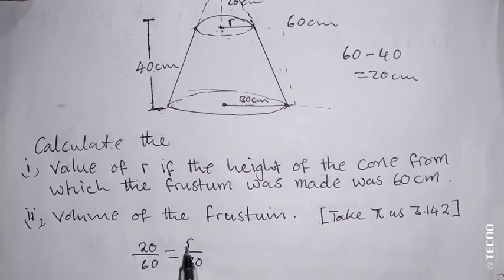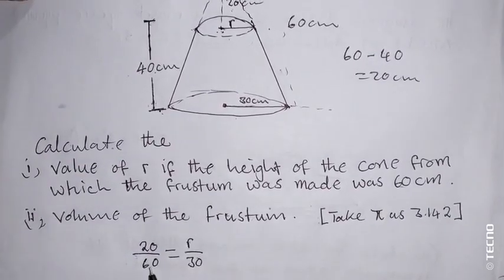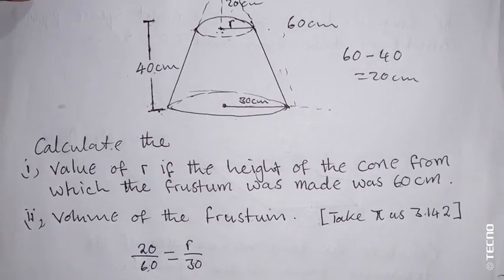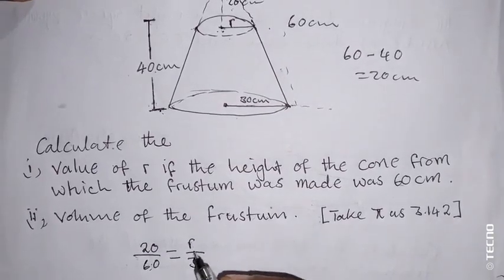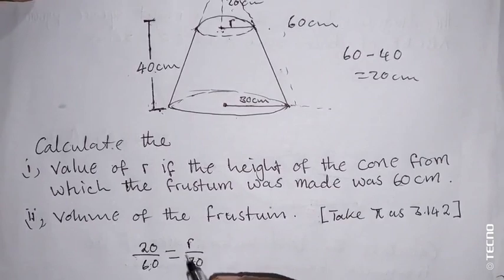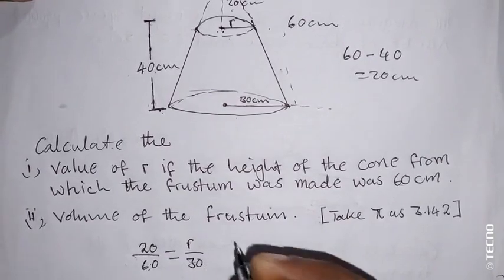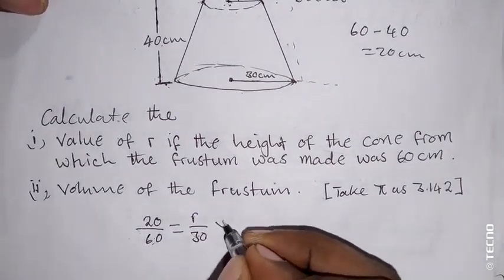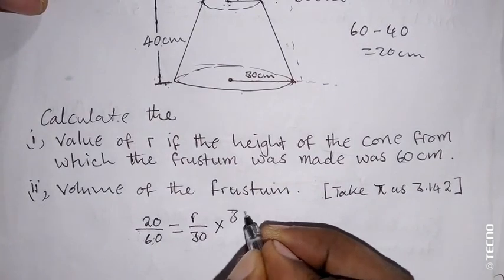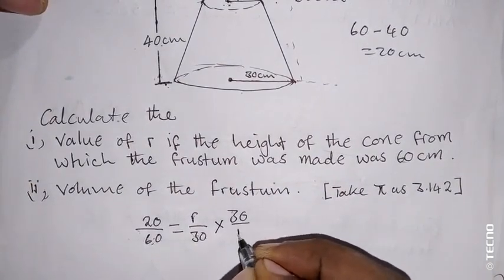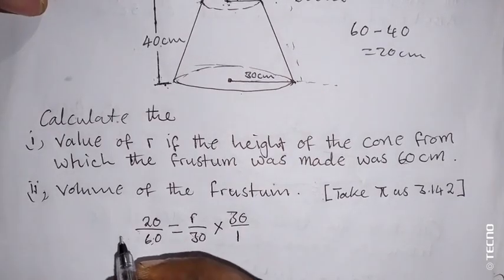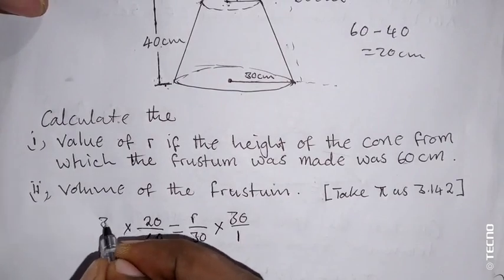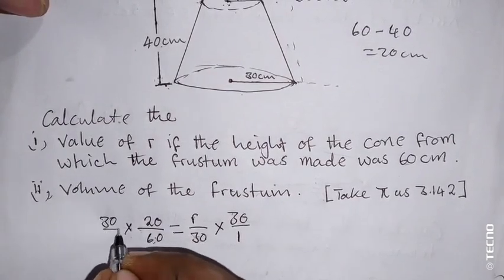Now we can calculate the length. We multiply this by this by this, or we find the reciprocal of 30, which we multiply to both sides. So it will be 30 over 1 on this side, and even this side 30 over 1.